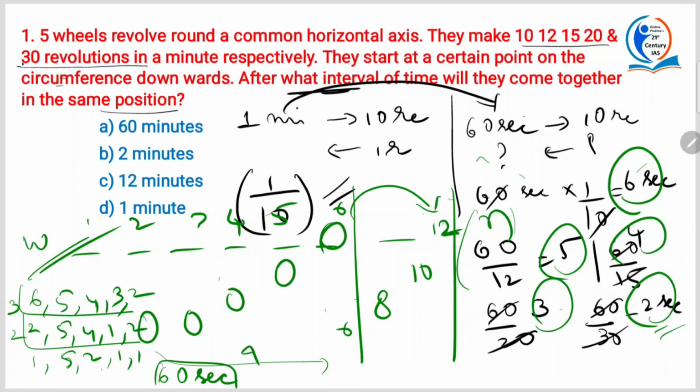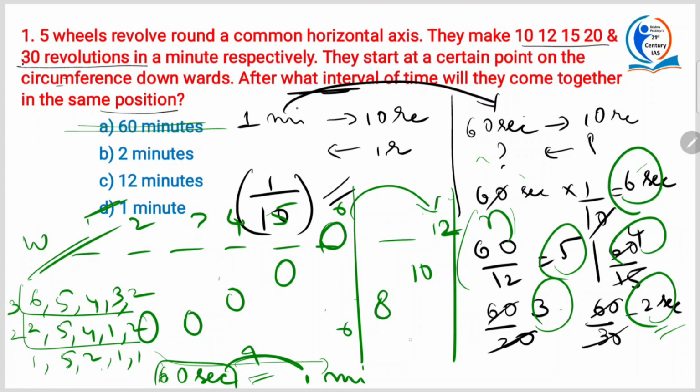Because we have converted it to seconds, right? Now, seeing the 60 and 60, in that euphoria, don't mark 60 minutes as the answer. It is 60 seconds. Please be aware of the units, okay? 60 seconds is how much? 1 minute. Please be aware of the units. So, D is the answer.